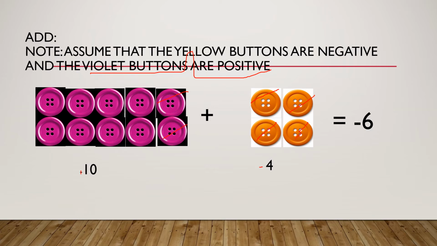So we call it a pair. We took the partners, so what remains are the 6 violet buttons. That is why the answer is positive 6, or 6.